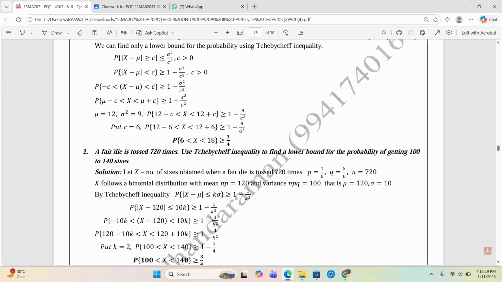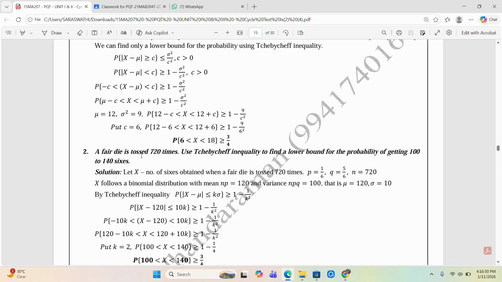Also, if a fair die is tossed, the probability is equal to 1 by 6 because there are 6 faces in the dice. If one turn has probability 1 by 6, two turn has probability 1 by 6, so probability of success p is 1 by 6, and q is equal to 1 minus p, which is 5 by 6.